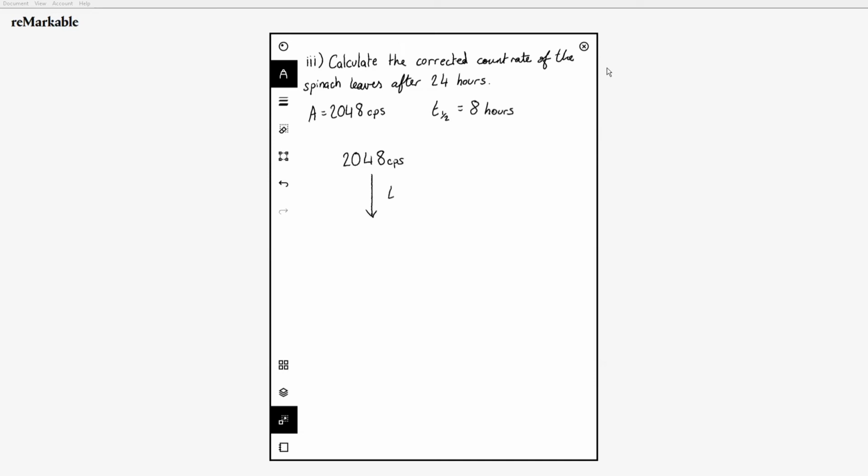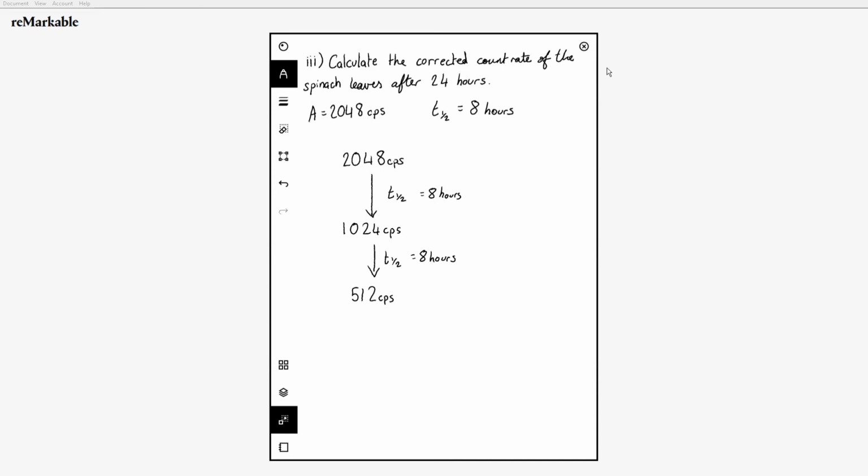So after one half-life, we're going to have half of the activity. That means we're going to have 1024 counts per second. After another half-life, we're going to have a count rate of 512 counts per second. You can see here, 8 hours has passed here and 8 hours has passed here.